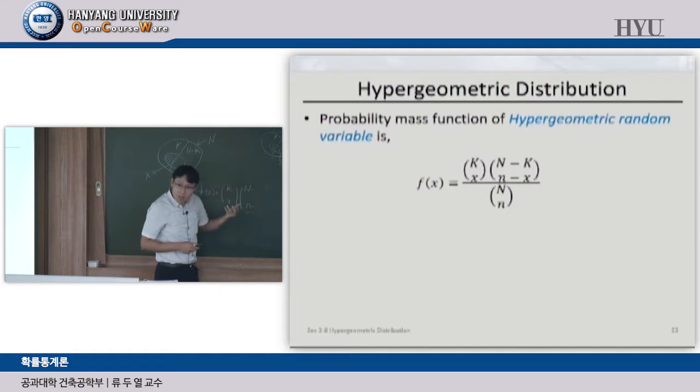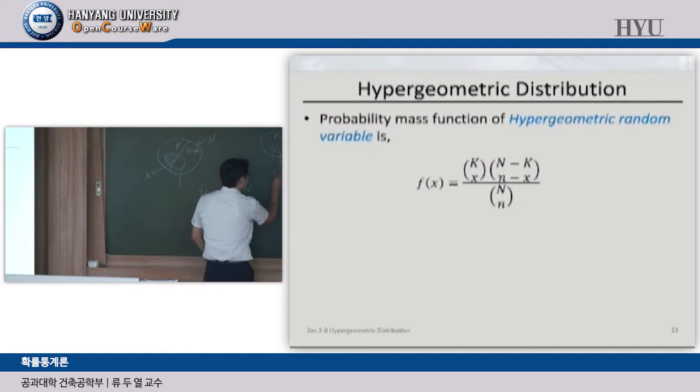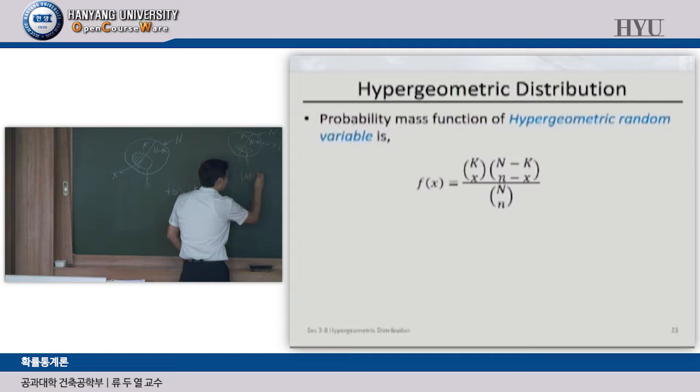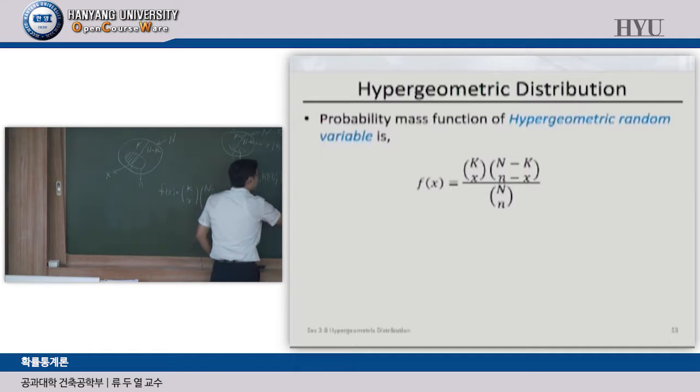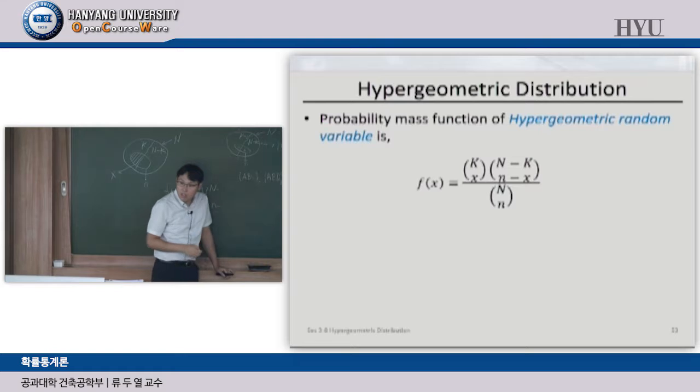So the total number of outcomes will be A, B, C, A, B, D, A, B, E, and so on, right?